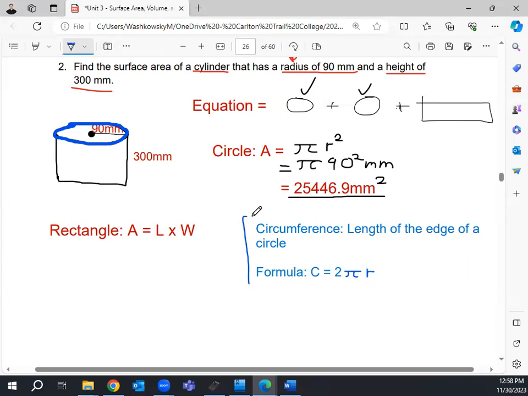I'm going to recommend you box this whole thing and draw a big star beside it. So again, this circumference is this blue thing I've marked, that blue circle up top. It's the length of the whole edge of that circle.